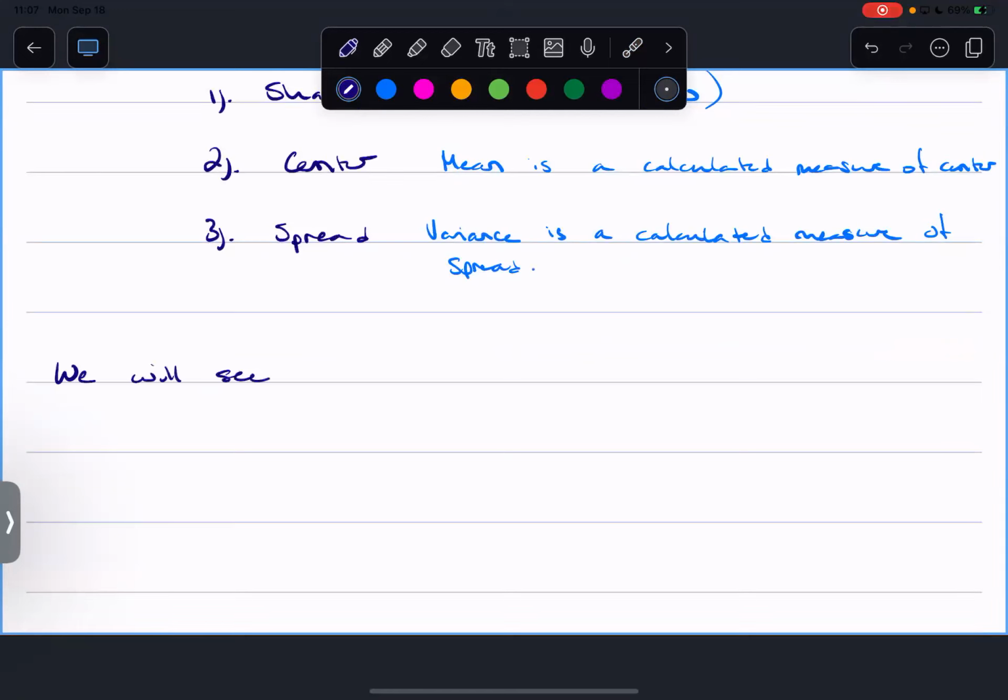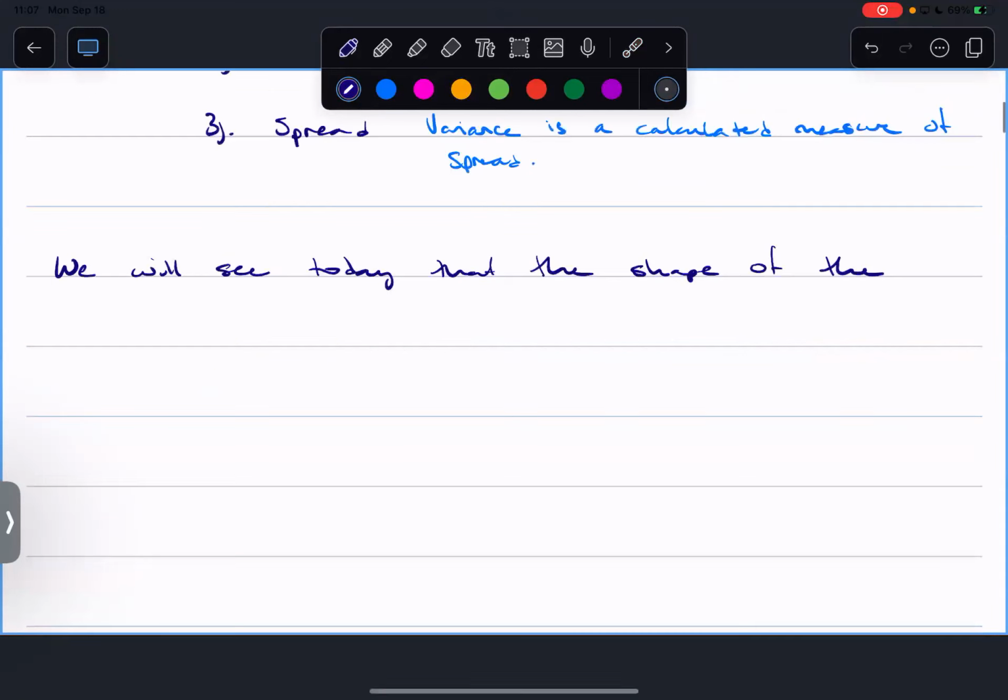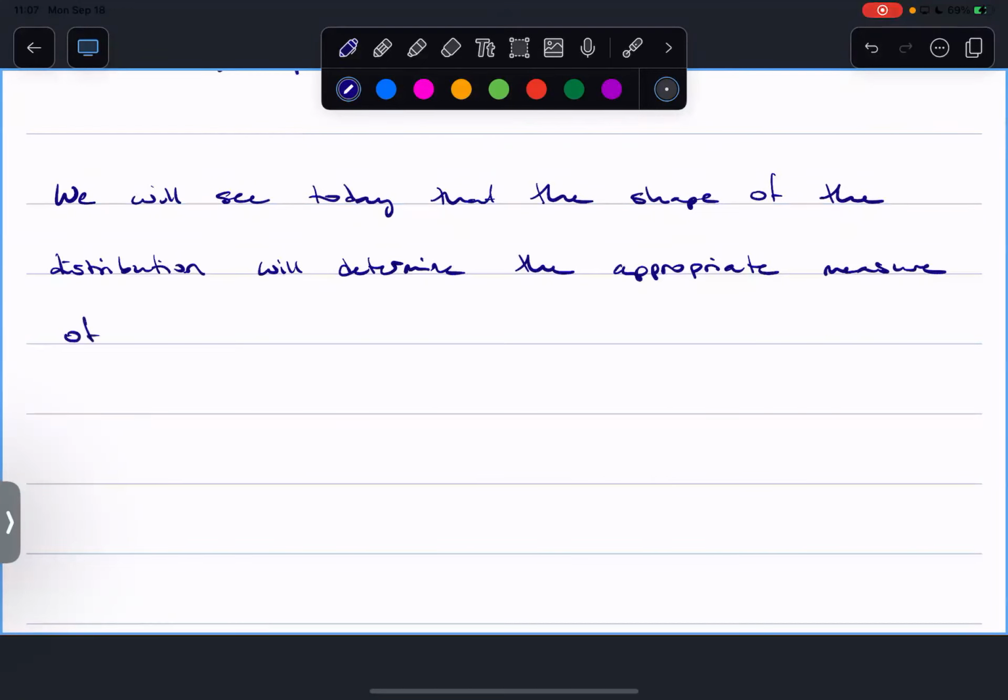We will see today that the shape of the distribution will determine the appropriate measure of center and spread.